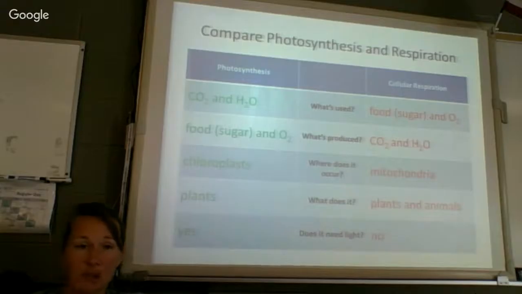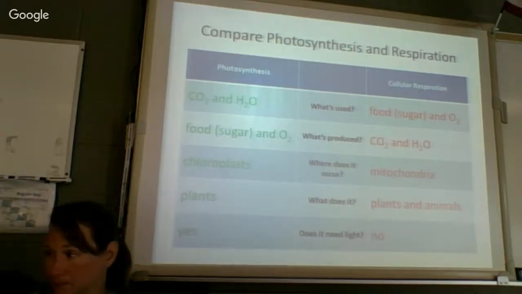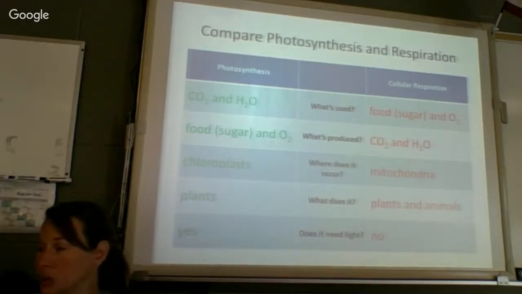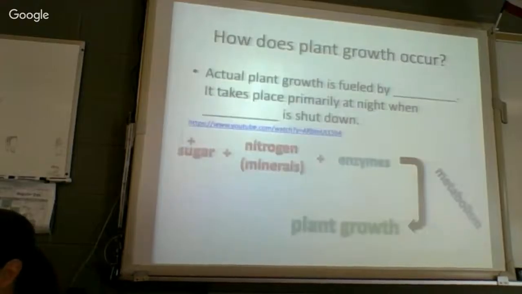What does it? Plants are the only thing that photosynthesize. Without plants, we would not be living. We wouldn't have sugars to convert. In cellular respiration, animals and plants both can cellular respirize. Do you need sunlight? Yes, for photosynthesis. No, for cellular respiration.